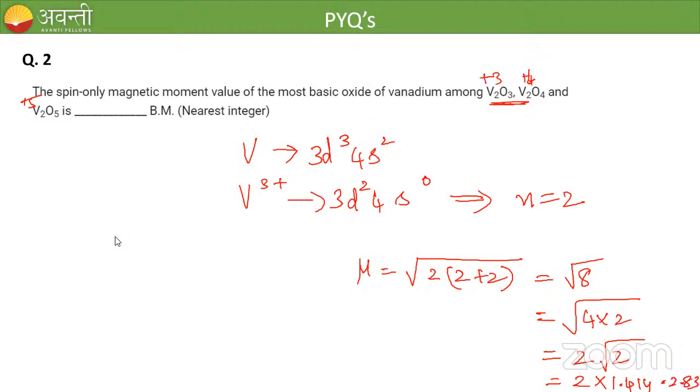Approximating 2.83, I get 3. The nearest integer is 3. Is it clear to all of you? Able to understand? Okay. Shall I go for the next question?